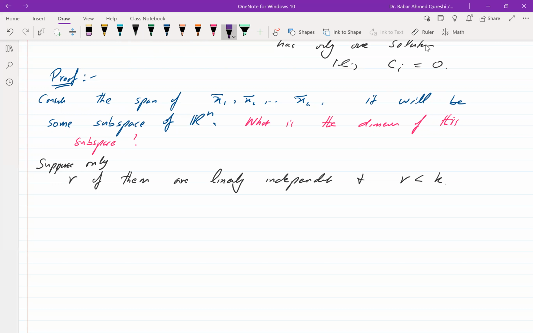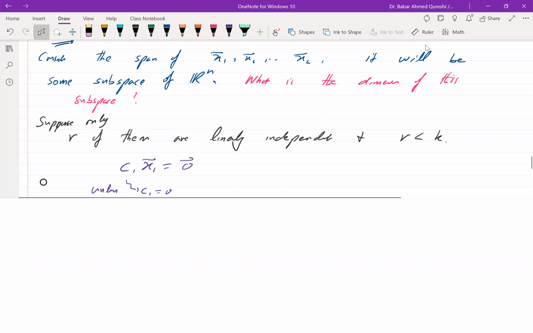because you can never make one vector equal to 0 unless C1 is 0. So this r could be 1. So at least if I pick one of them, that's always going to be linearly independent. But maybe there are two. So whatever the maximum number of these vectors that are linearly independent, I'm saying that number is r.